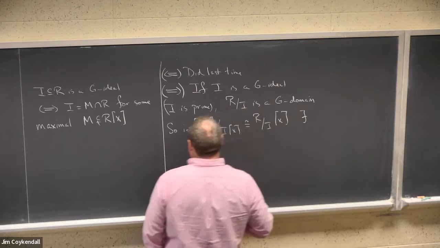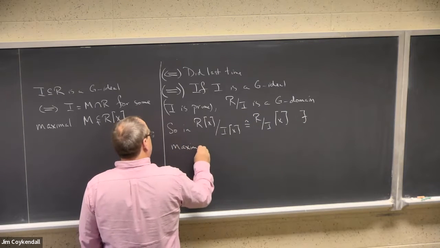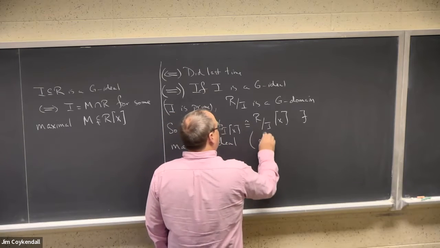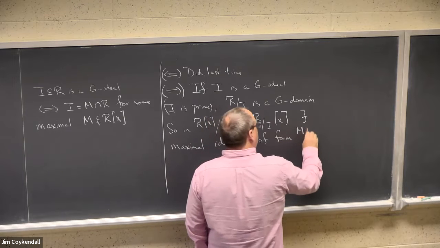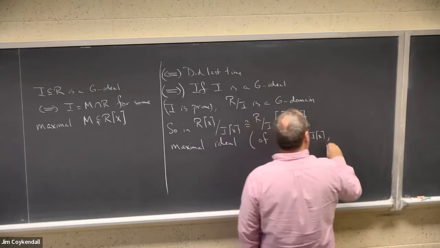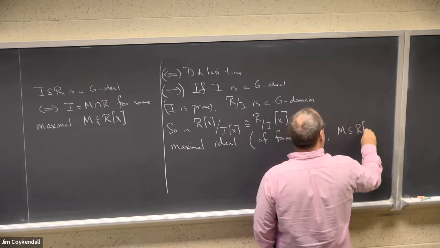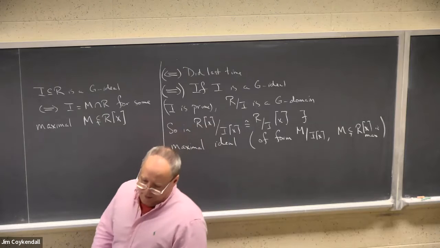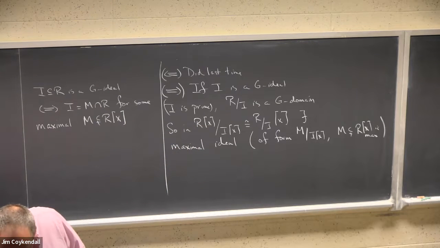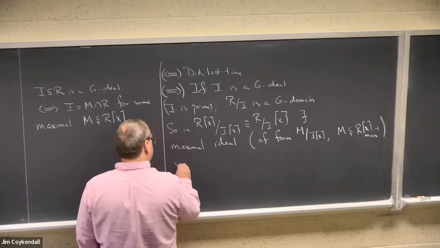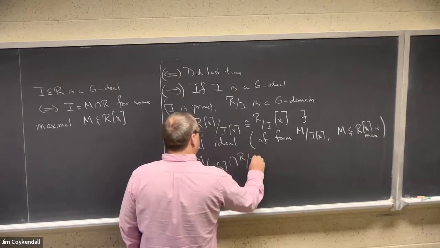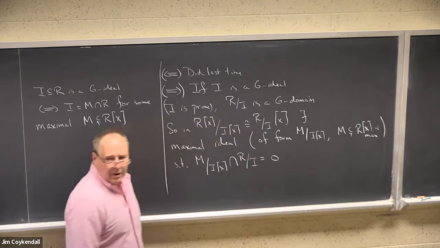There exists a maximal ideal and it must be of the form M mod IX, where M in Rx is maximal, such that when you intersect this maximal ideal M mod IX with R mod I, you get the zero element of R mod I.